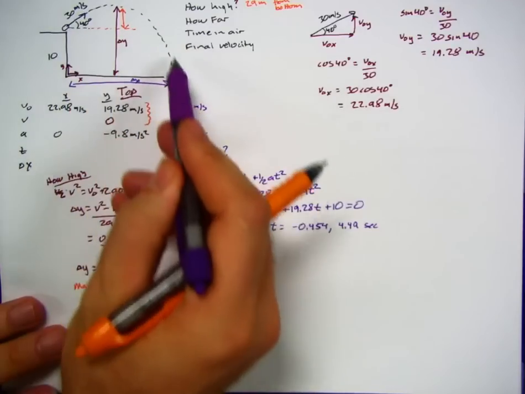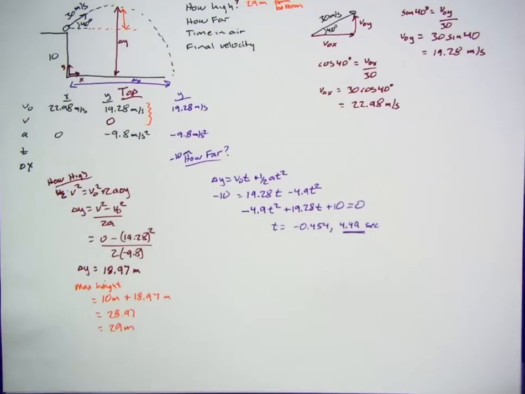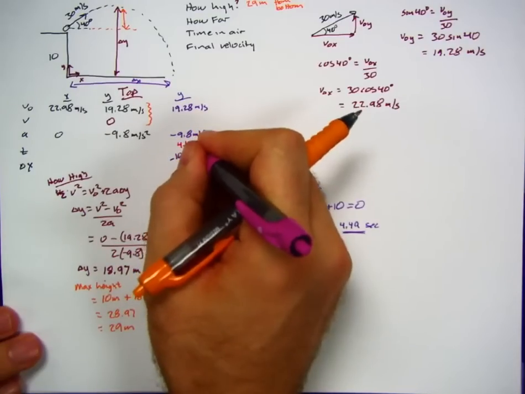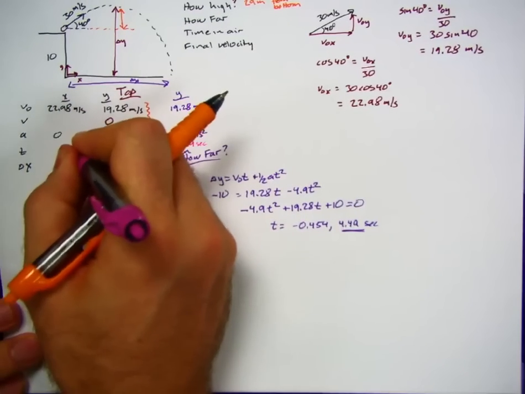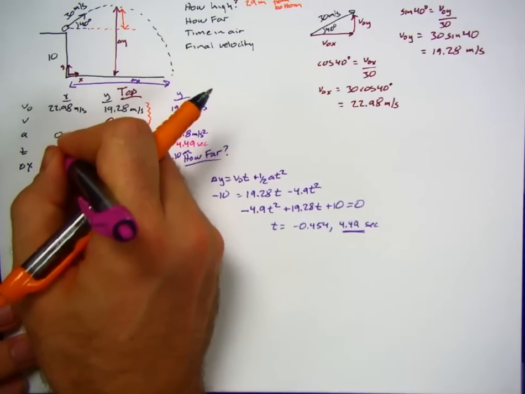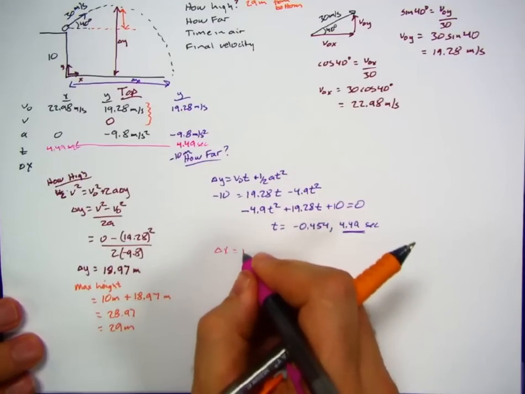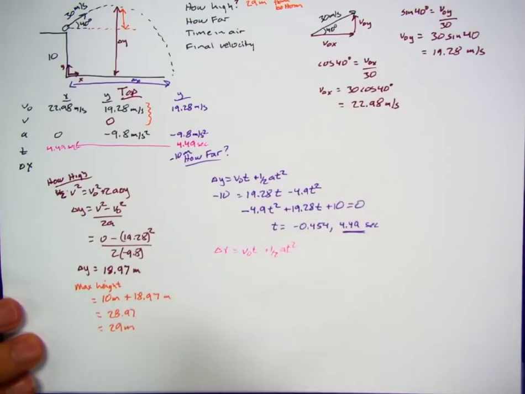And I generally am going to take the positive one, though not always, but in this case, I'm moving forward in time to throw the thing off the cliff, so I'm going to take this guy, and I'm going to say that my time is 4.49 seconds. I'm going to share that time over here, 4.49 seconds, and I'm going to say delta x is equal to v0t plus 1/2 at squared.